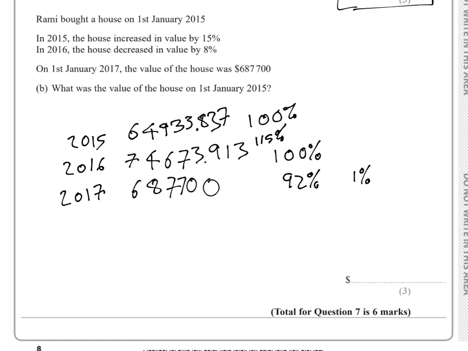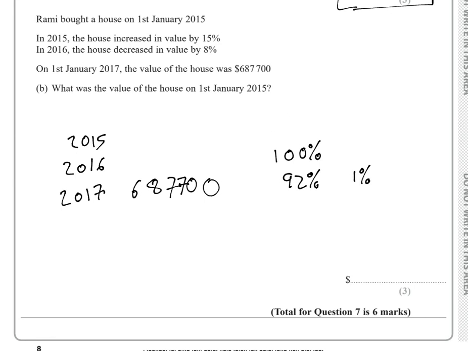Let's write this down. 700. Okay. So let's use the right numbers this time. 687,700 divided by 92 times by 100 is 7.